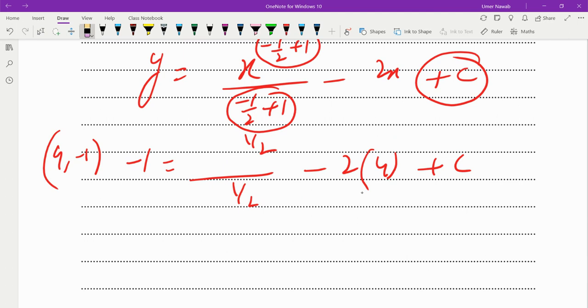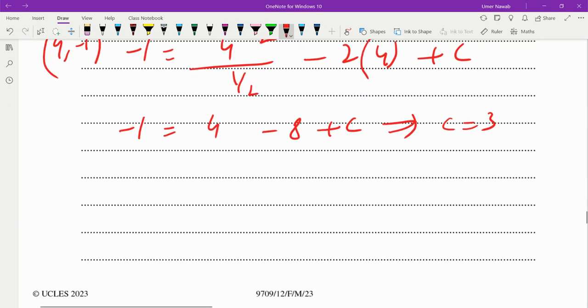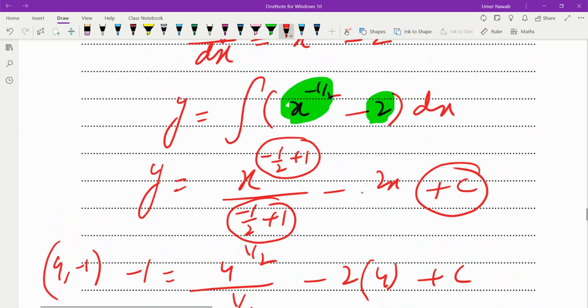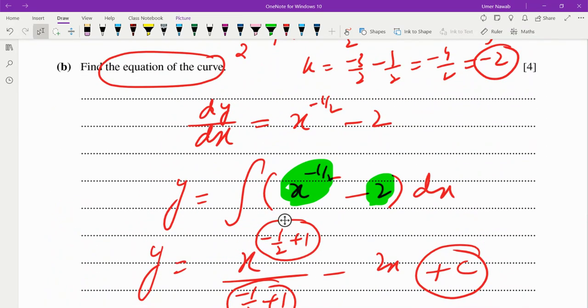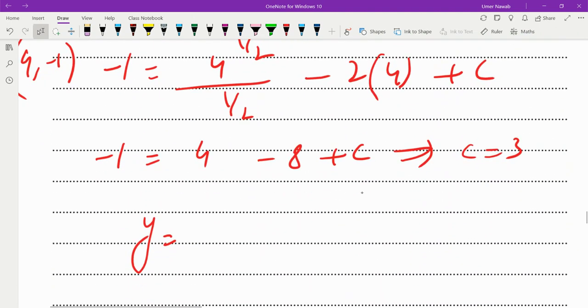What was the value of x given to me? 4. So when you simplify, guys, this will give you 2 times 2, which is 4, and this is minus 8, plus c. Finally, c will come to you as 3. Now, what is the equation of the curve I found? Y is equal to, this is the equation of the curve, in simplified form: y is equal to 2 square root of x minus 2x plus 3.